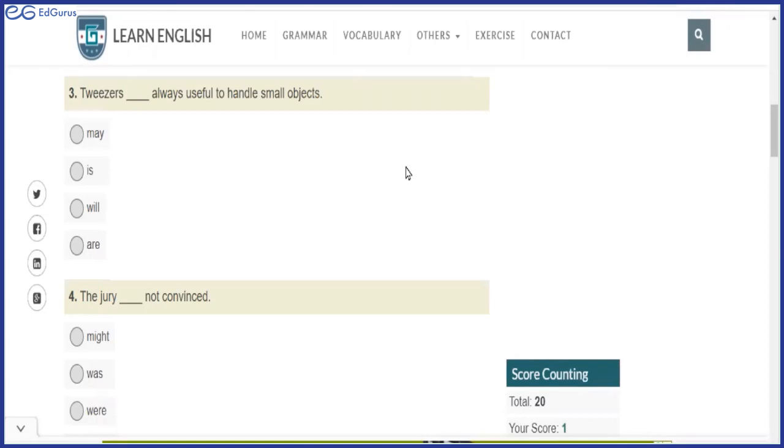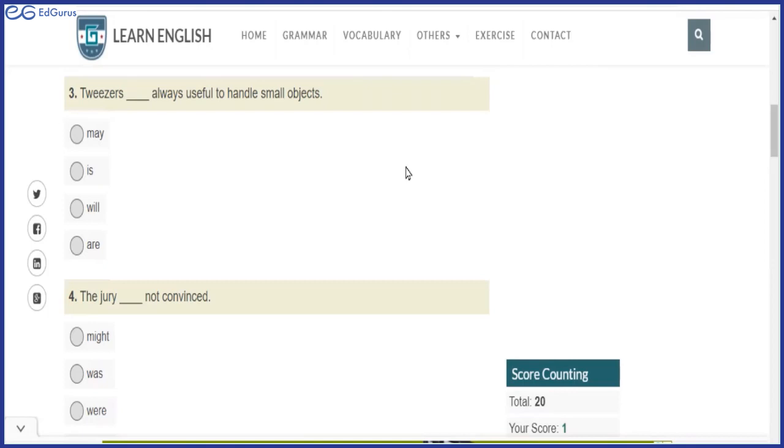Just think of it, where you have read it. You must have read about it. No, you haven't seen this? Tweezers is a tool that is used to pluck hair, right?